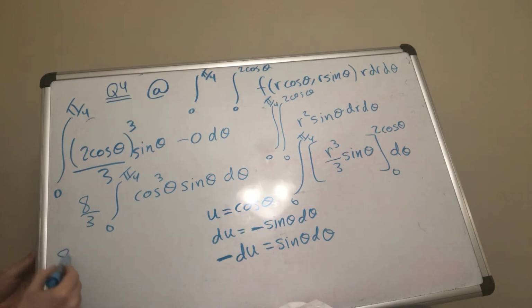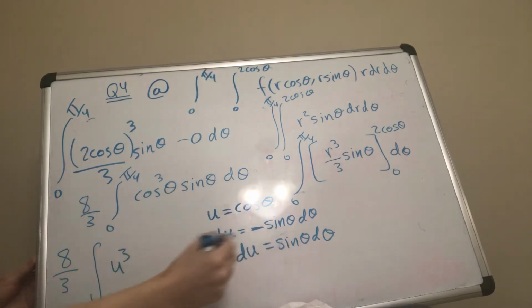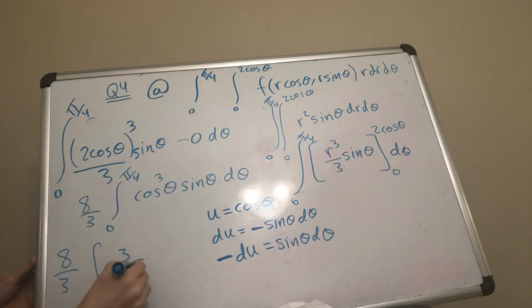So the constant is 8 over 3. Cosine, that's u cubed now. And sine theta d theta is minus du, so you put du and a minus outside.